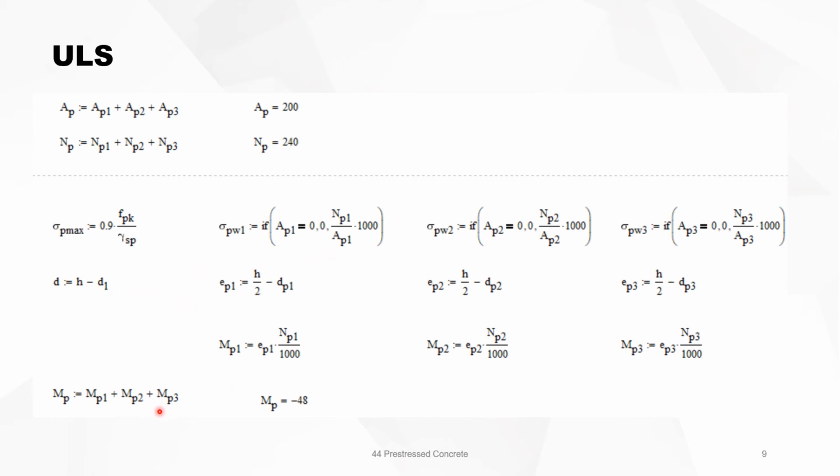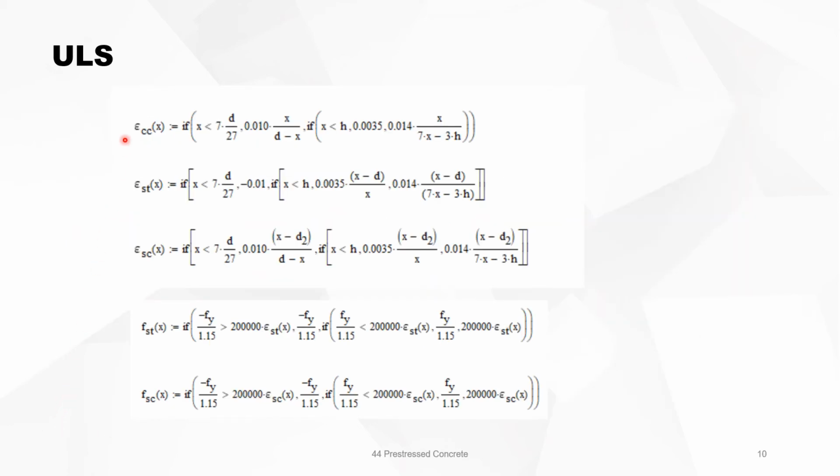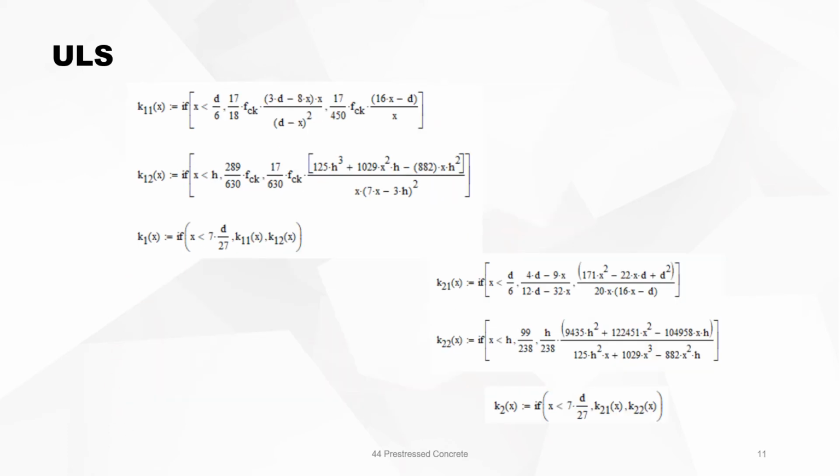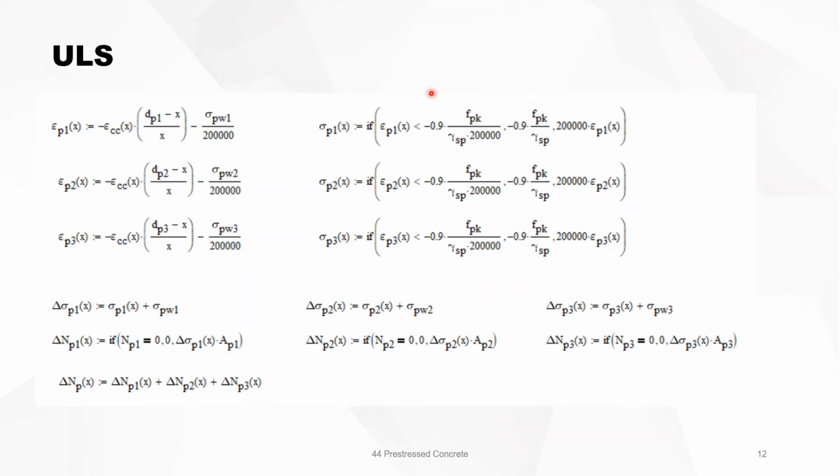You can have the different equations. This is the strain and the stresses. This is the filling coefficient, but written another way. Everything is written in function of the different domains and in function of x, the depth of the neutral axis. So you can continue with all those equations. It looks impressive, but it's no rocket science.